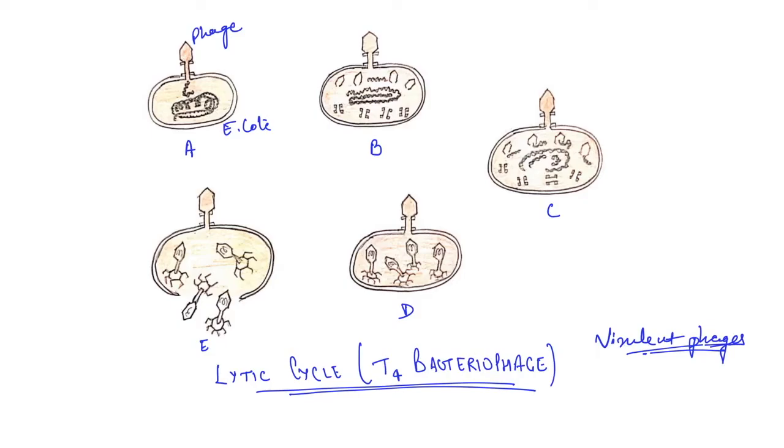With the enzyme lysozyme, the phage is making a hole in the cell of E. coli, and then the tail sheath present here contracts and injects the viral genome. Here this is the viral genome which is injected inside the host cell.